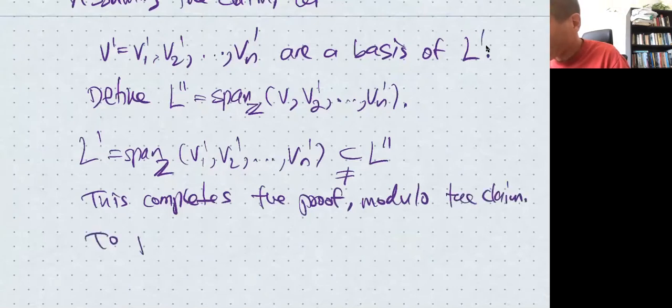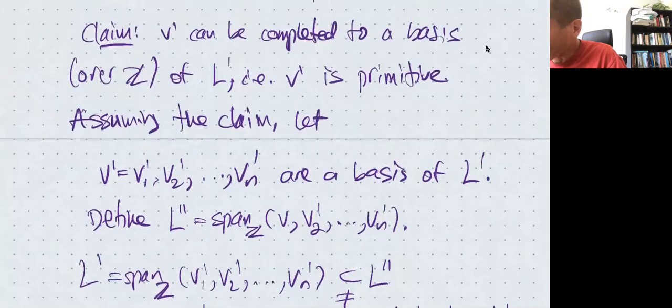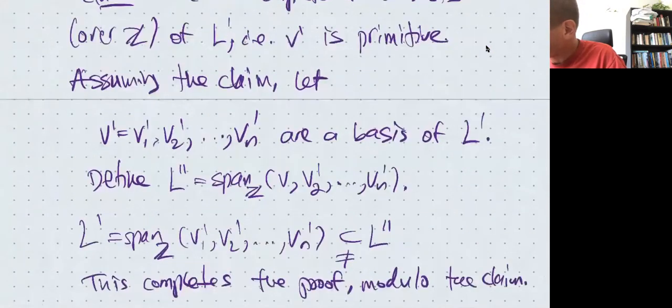To prove the claim, recall from the previous lecture that V prime is primitive.